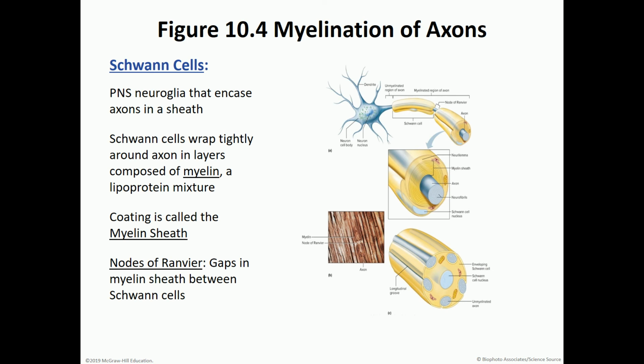These Schwann cells are made out of fat, so they insulate the axon from the surrounding tissue. The cell, as you can see here, has one nucleus, and then it wraps itself around the axon. That wrapping is known as a myelin sheath. And again, the nodes of Ranvier are the gaps in between those Schwann cells.